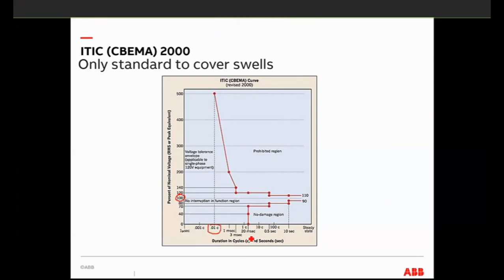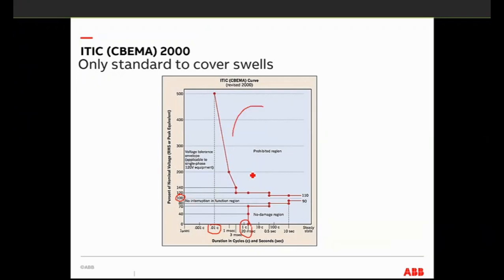Just imagine that in a 60 hertz system, one cycle is almost 20 milliseconds. So 0.01 cycle is already in microseconds. You need to correct it, or lower that surge down to 100%.